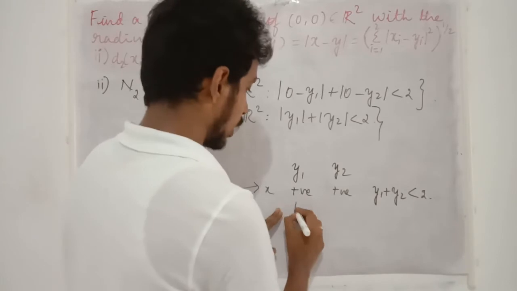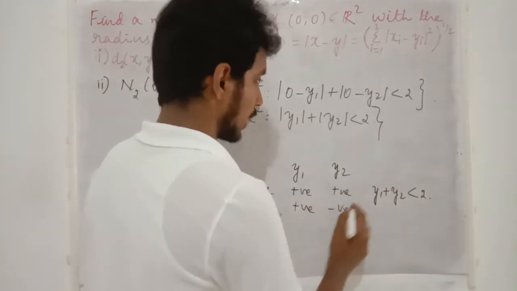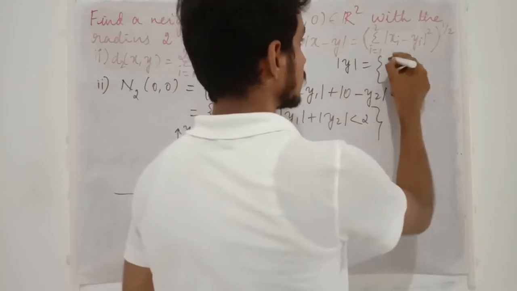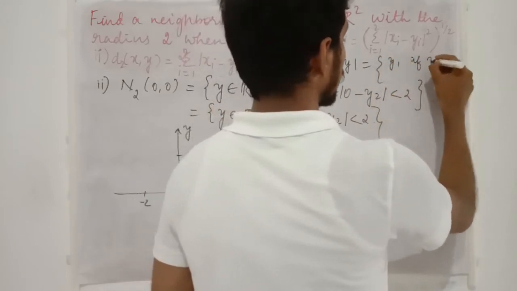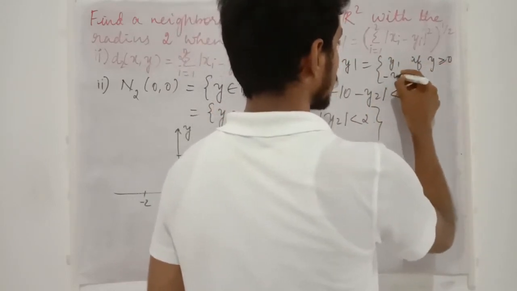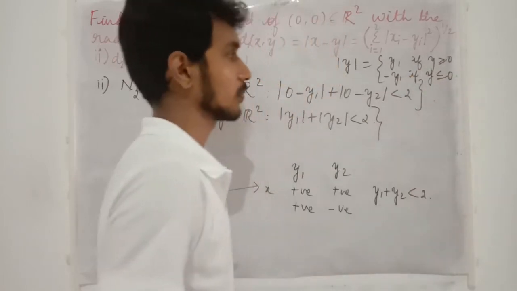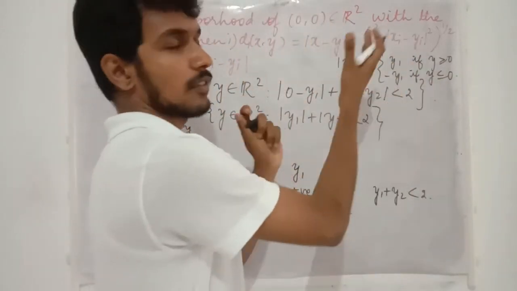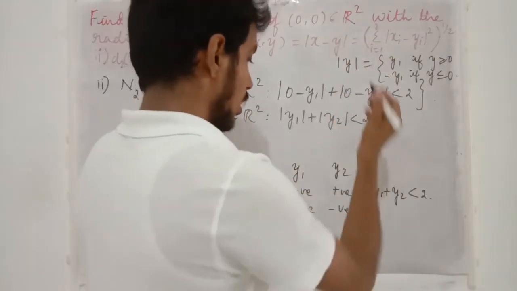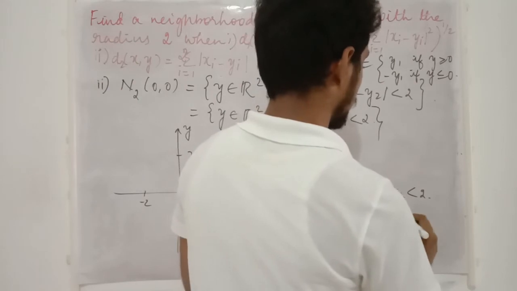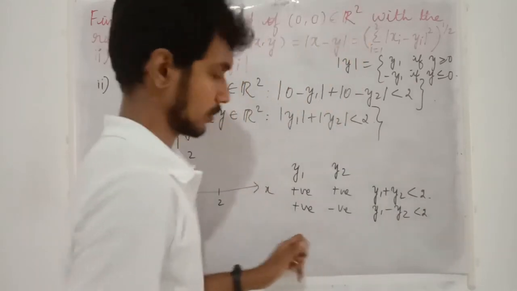When your y1 is positive and y2 is negative, then the absolute value of y is simply y if y is greater than or equal to 0, and minus y if y is less than or equal to 0. This is the definition of the absolute function. Using that, this will become y1 minus y2 less than 2.